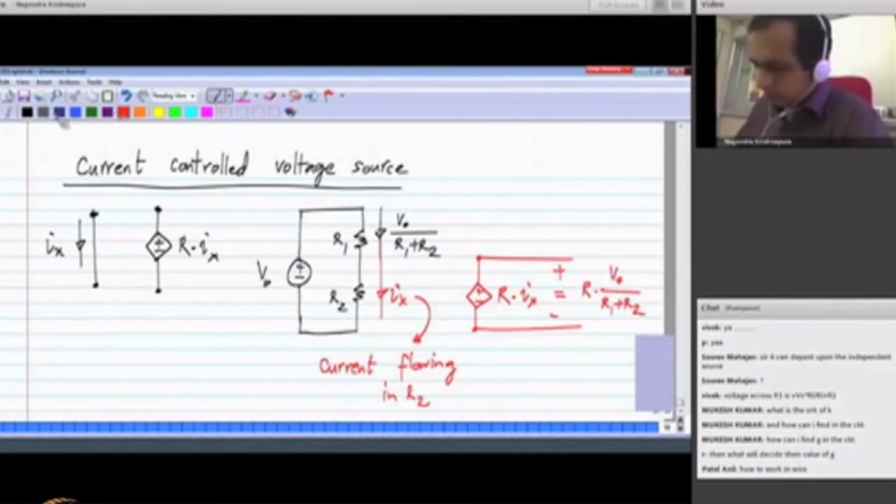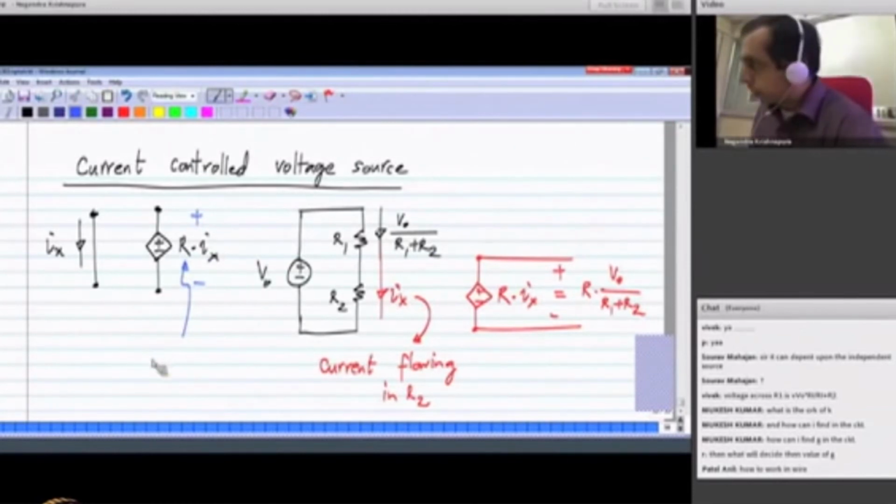Now, first of all, one thing I have to point out here, this is a dependent voltage source and the voltage depends on a current and it is directly proportional to a current. This constant of proportionality is multiplying a current and giving you a voltage. The voltage across this is R times Ix, so the constant of proportionality has to have dimensions of resistance.